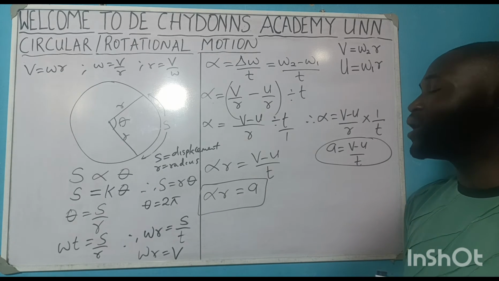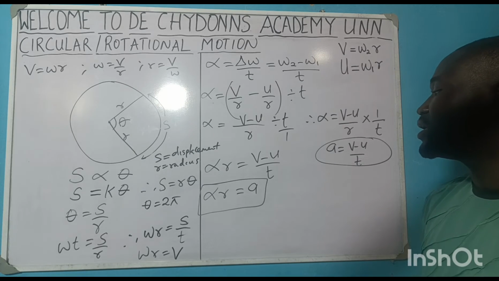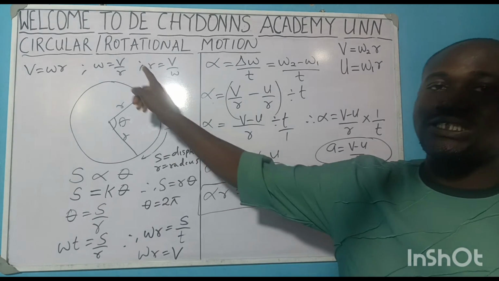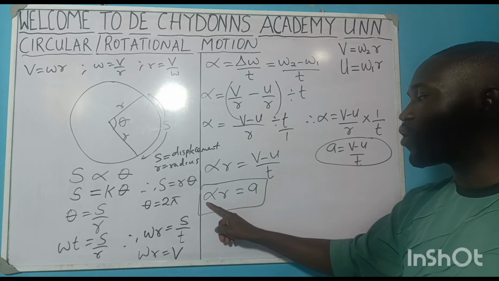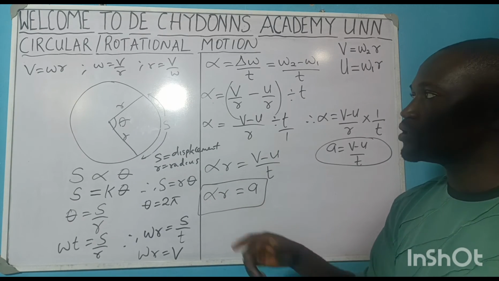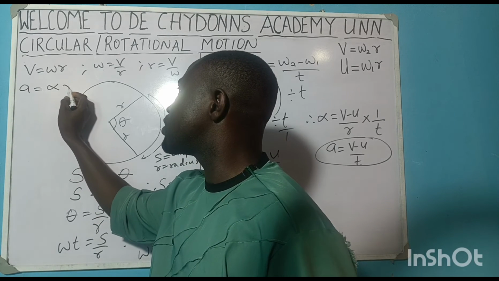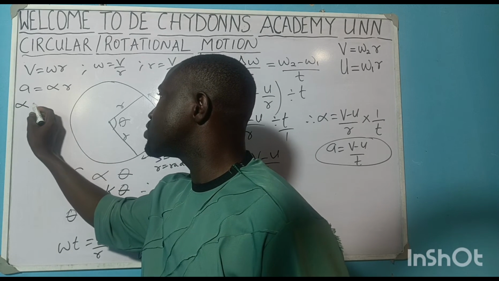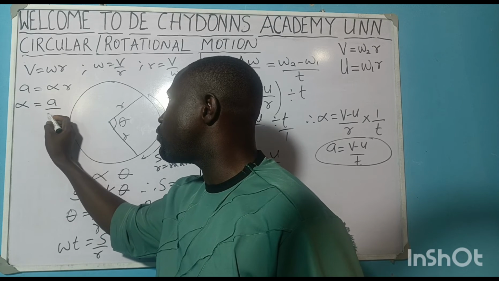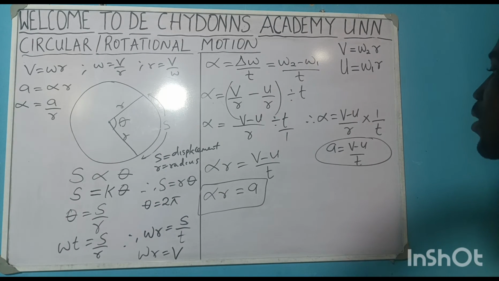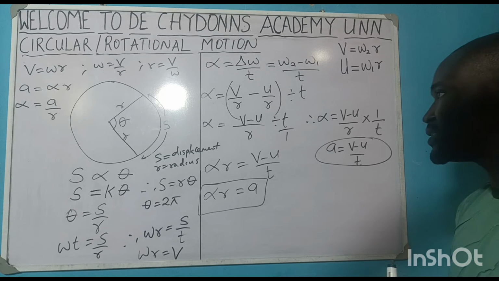So whenever you are asked to find linear acceleration for a body undergoing circular motion, say angular acceleration times radius. So our next formula: linear acceleration equals angular acceleration times radius. Angular acceleration equals linear acceleration all over R. Very important to note them. Okay, we have noted this now.